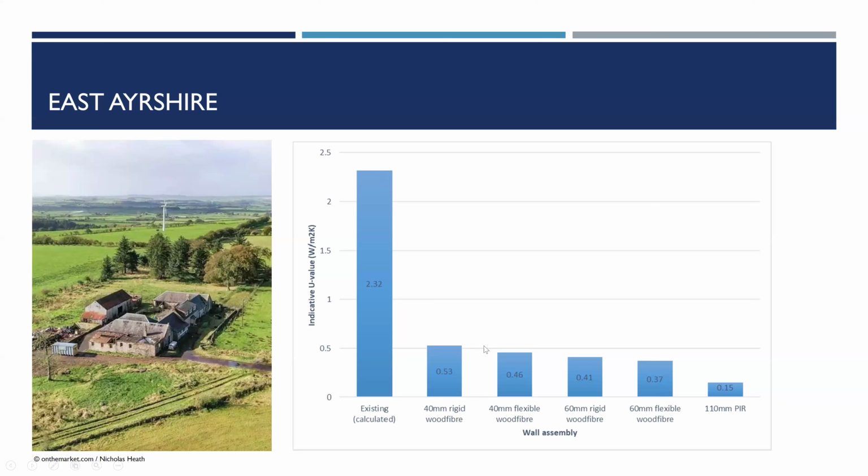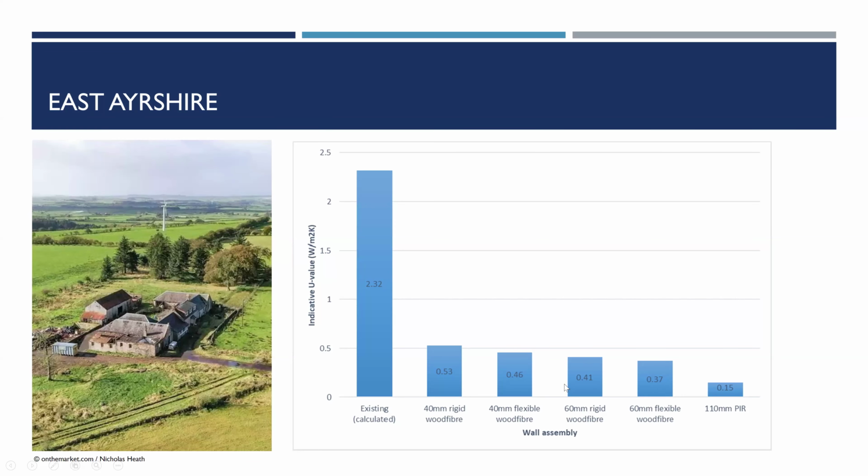These are your predicted thermal performance parameters. So this is your U value. The lower the U value, the better the thermal performance, just in case anyone's not aware. So it looks pretty poor with no insulation on, although in reality, if you look at in situ monitoring of solid stone walls, the baseline U value is probably half that. It's probably 1.2, 1.3, maybe 1.4.